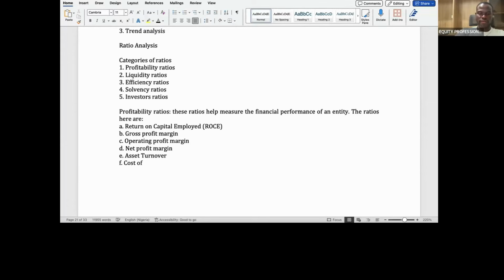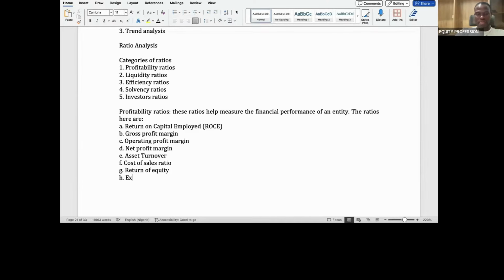We can have cost of sales ratio. There is also one which is very similar to return on capital employed, but let me just give it to you so that you can see different dynamics of it, return on equity.